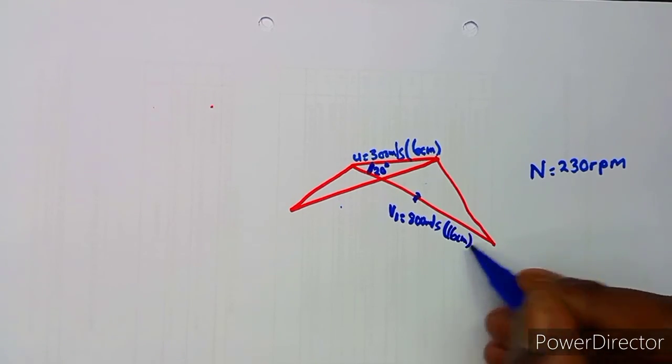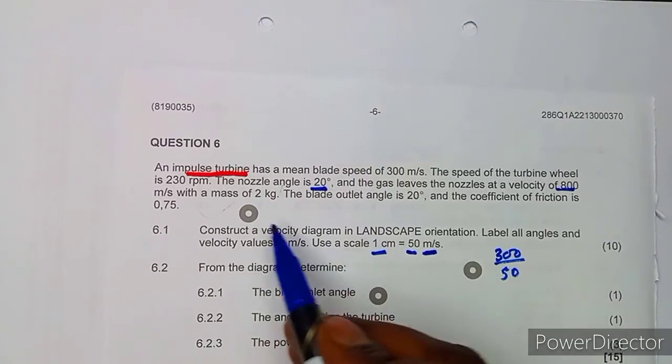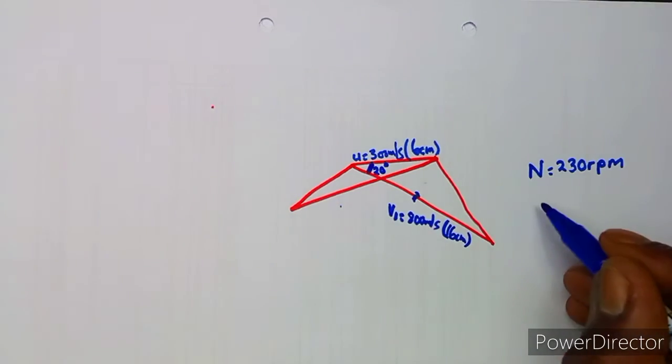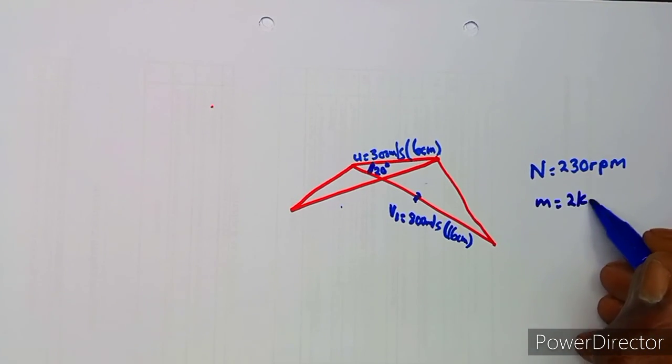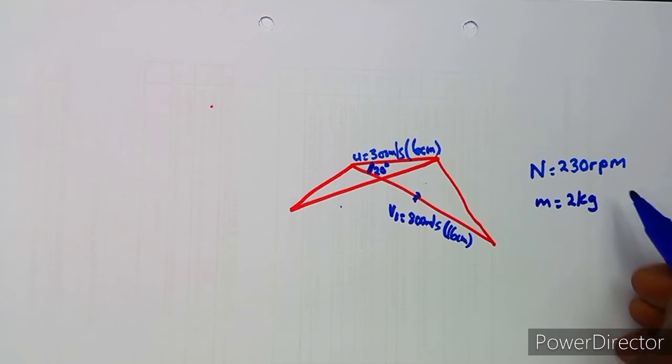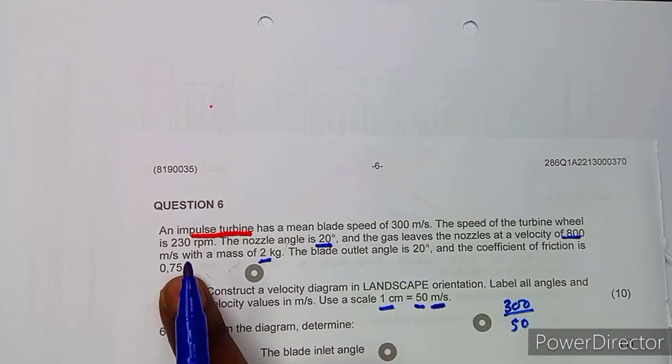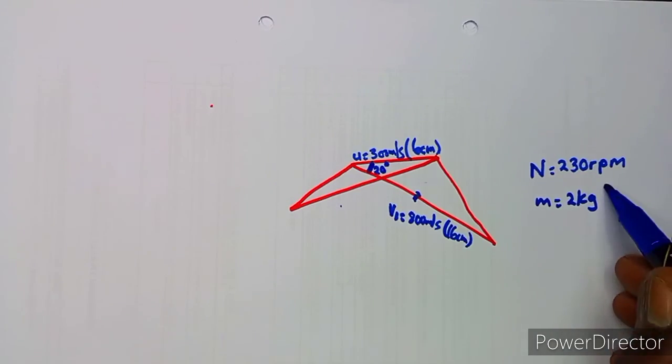And the mass of the gas is 2 kg. I think that's the mass per second, because this is meters per second, so it will be 2 kg per second.